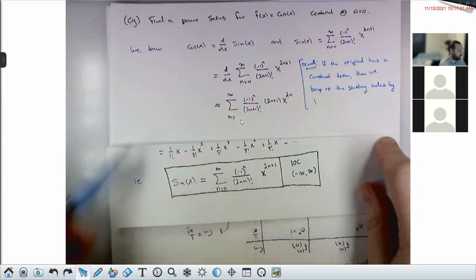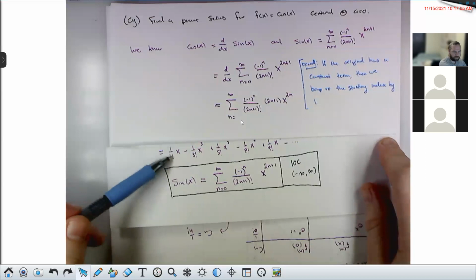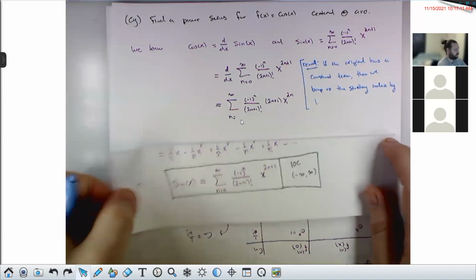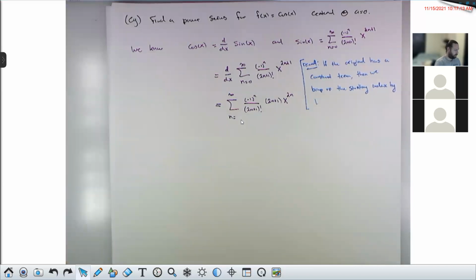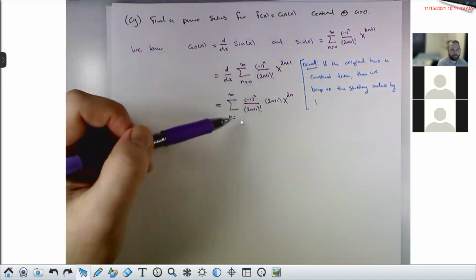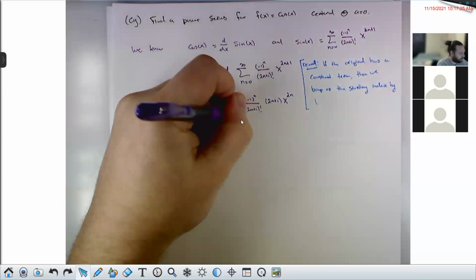Very first term of the series for sine x is 1 over 1 factorial times x. Is this a constant term? No, it's not. So does my starting index jump, or does it stay 0? Stays at 0. Very good, it stays 0.